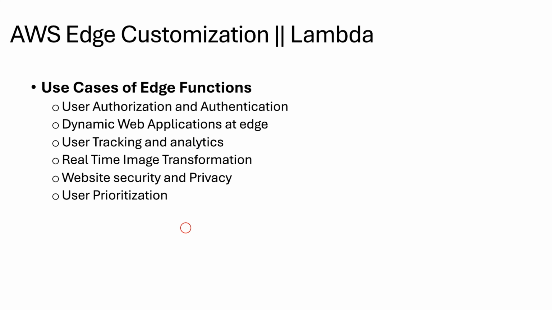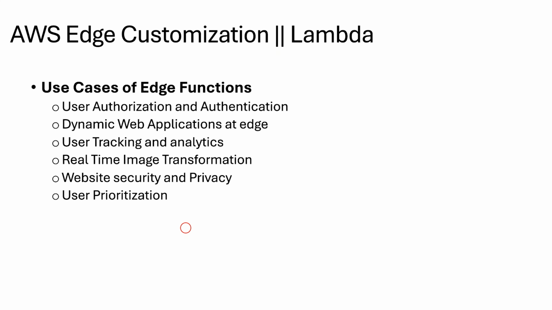For example, you want to add some user authorization and authentication. You get the client request, and at that time itself, you can do user authentication and authorization by using these edge functions. Also, you can deploy dynamic web applications at the edge, and also user tracking and analytics, and real-time image transformation.